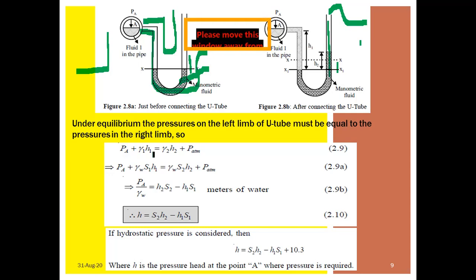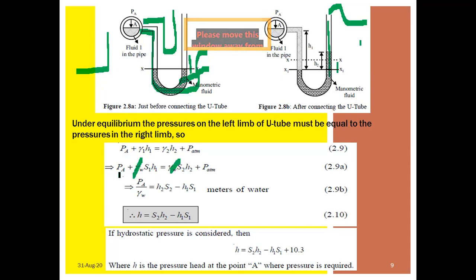Now what you are doing, you are taking gamma W, the specific weight of water, common: PA plus gamma W S1 H1 is equal to gamma W S2 H2 plus P atmospheric. Now after processing, that implies PA by gamma W is equal to H2 S2 minus H1 S1, whereby the gamma W gets cancelled.